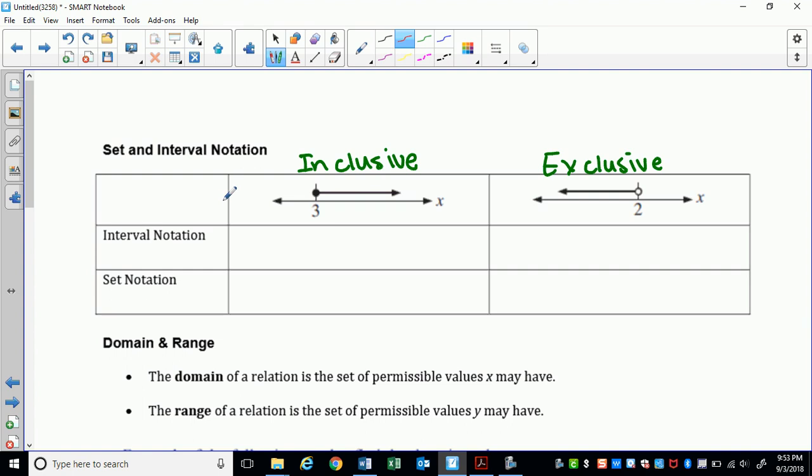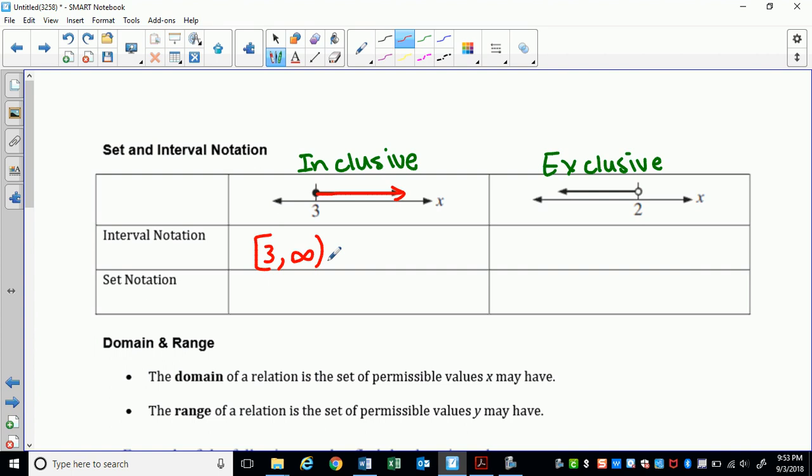Our interval notation says we're going to start at 3, and then we're going to go on this way, well, forever, right? We're going on forever. That little arrow means I don't stop. So my next number is going to be infinity. Now, at 3, I'm going to use a bracket because I can include 3, but I can never use a bracket for infinity.